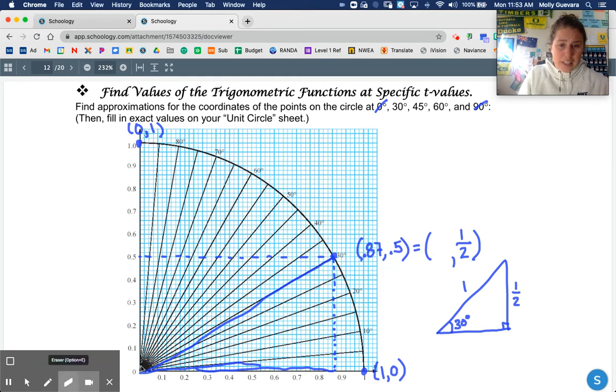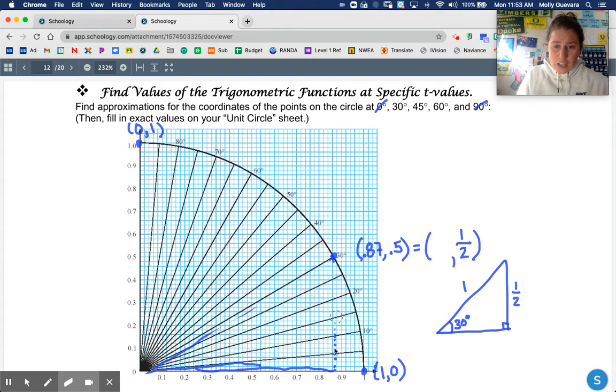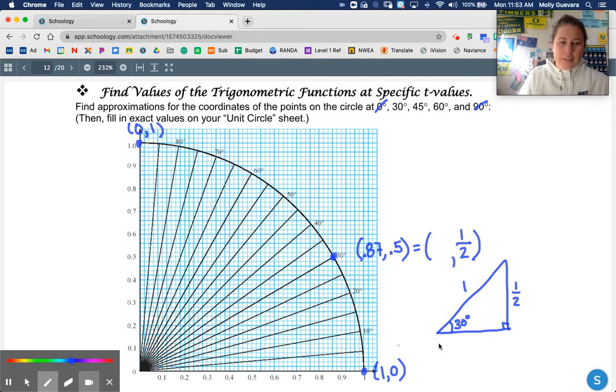So there's lots of options here. I can use SOHCAHTOA. I can use my information from right triangles, which we looked at in 4.3. There's a lot of different ways I can figure out what this value is.